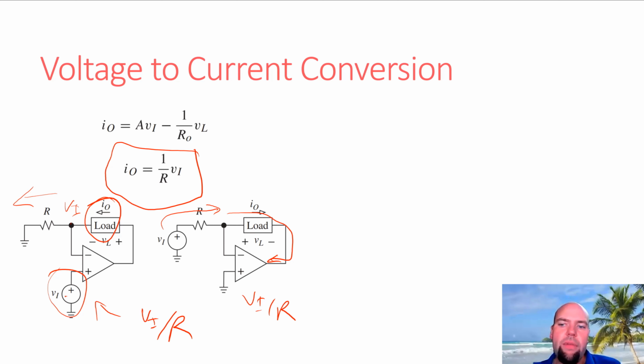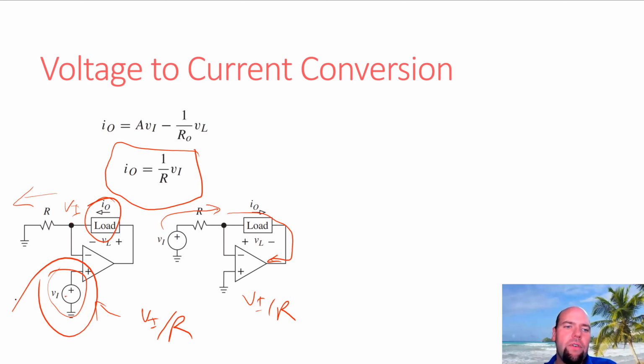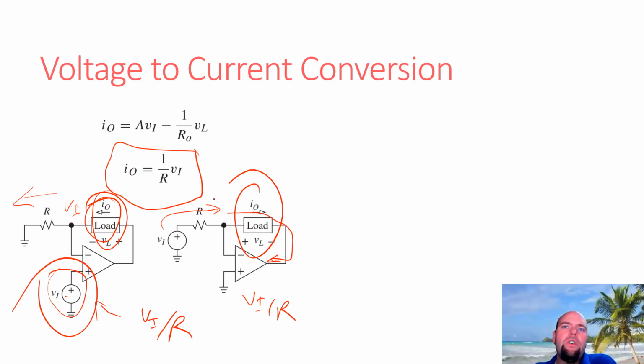So some devices can do that, right? For instance, if we're trying to drive an LED and produce a current through the LED that's a function of this input voltage, then fine. You can put an LED in this load. This is going to work fantastic for that. But there's other things, for instance, if we're producing a current which is a signal to another device, quite often that current signal is going to have to flow.